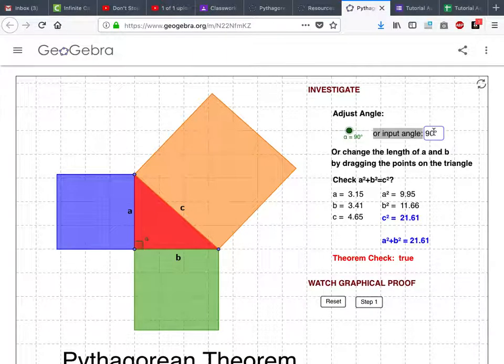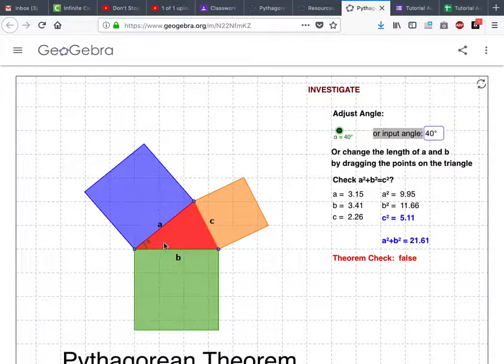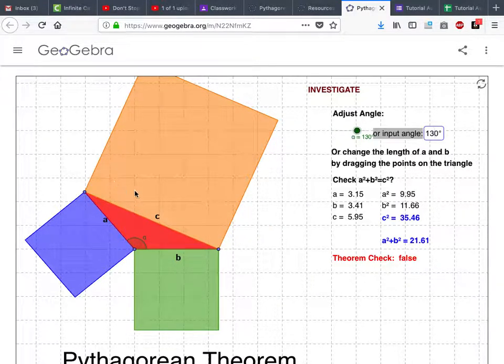So if all of a sudden we have a 40-degree angle, the side opposite it has to be smaller, right? So if it's an acute triangle, then this c has to be smaller than it was before. So c squared will be less than a squared plus b squared because the opposite side has to be smaller. But if the angle gets bigger, then the opposite side has to be bigger as well. So c squared is going to get bigger than those.